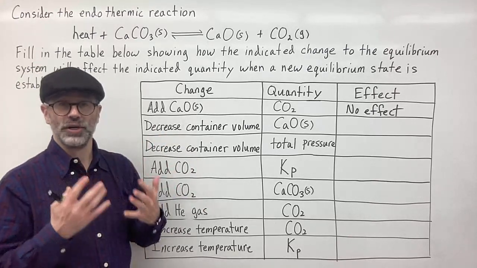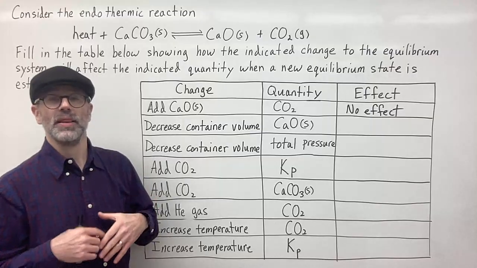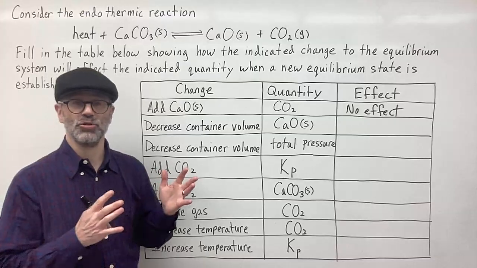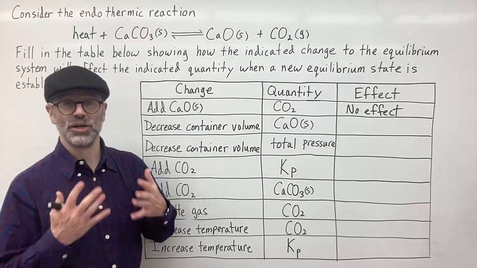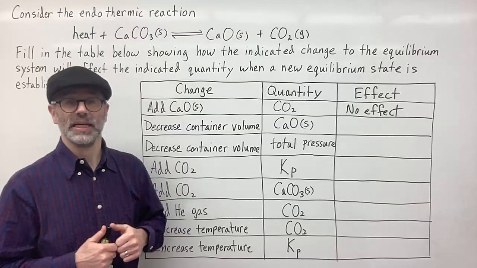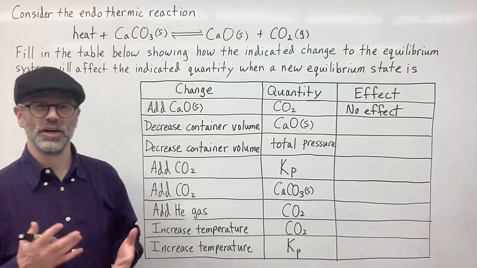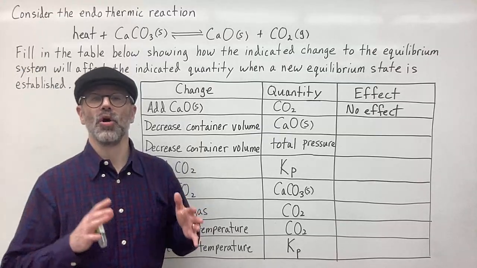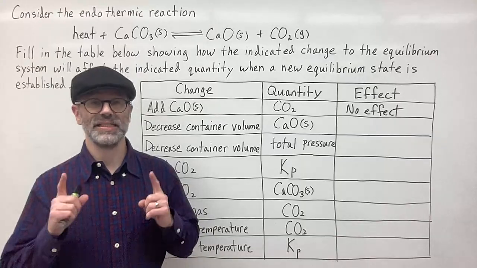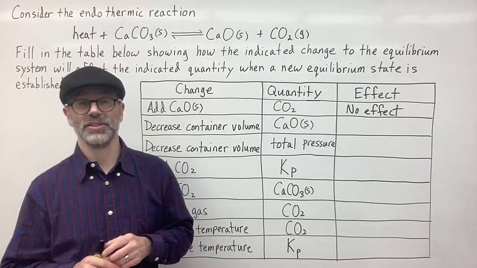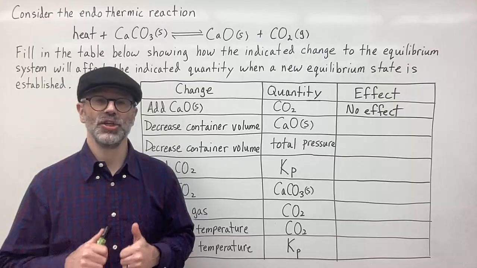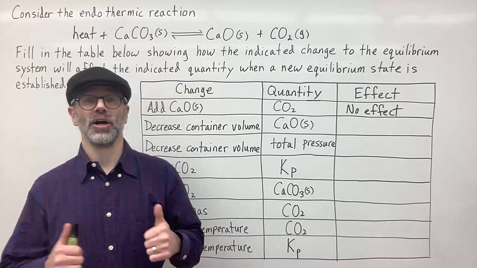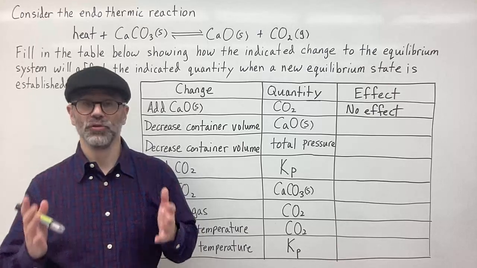And so according to Le Chatelier's principle, the equilibrium system is going to adjust to relieve that stress. And the stress here is an increase in pressure. So how is it going to get rid of pressure? You have to look at which side has more moles of gas, not solid or liquid, just gas. And it's going to shift in the direction either to lower or increase the number of moles of gas.